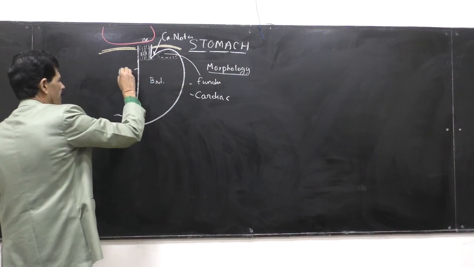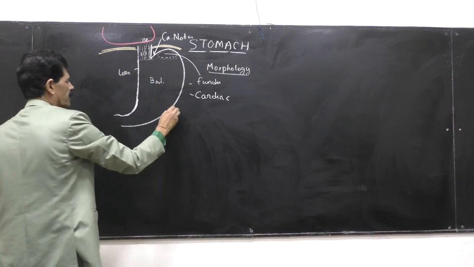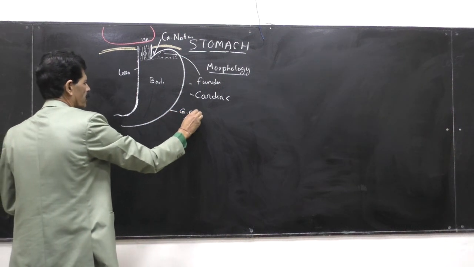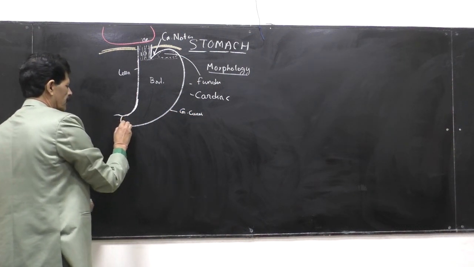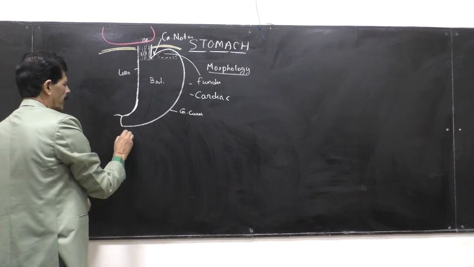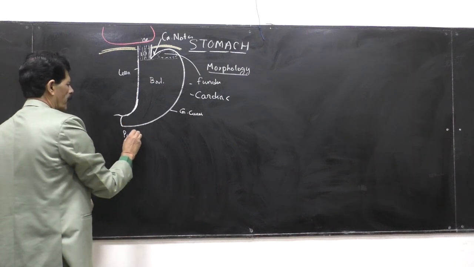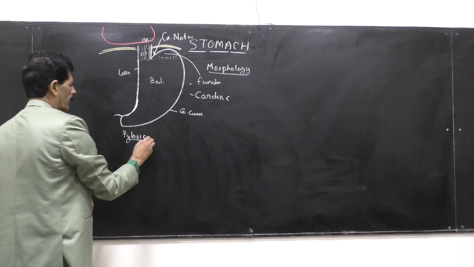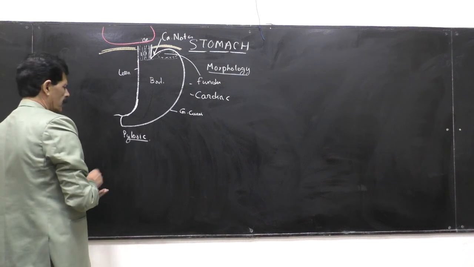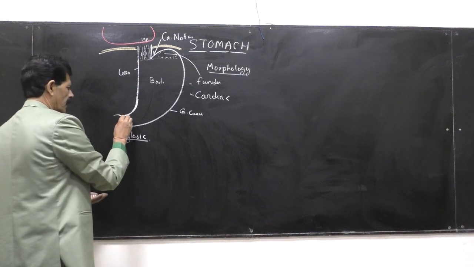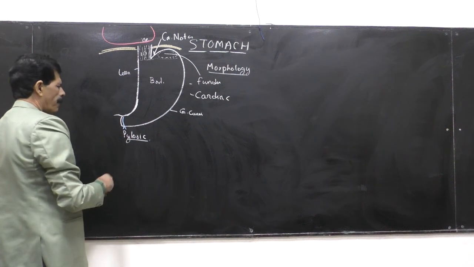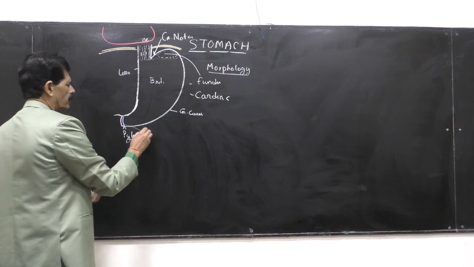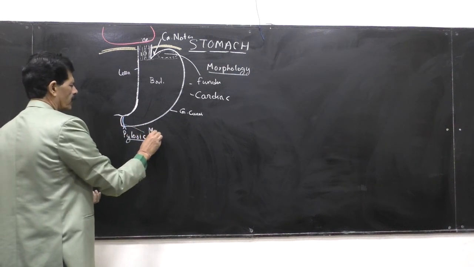And this is the lesser curvature, and this is the greater curvature of the stomach. And at the end here, this is the pyloric end or pylorus, and sometimes it is demarcated externally by Mayo's vein.